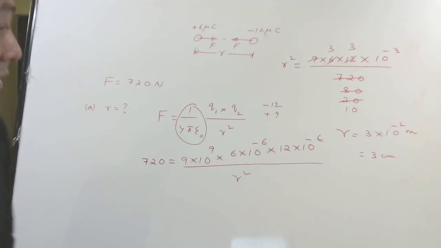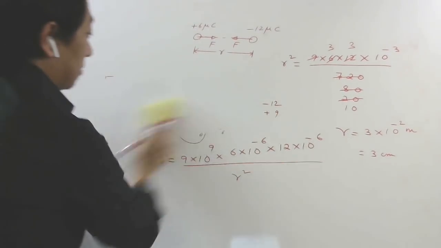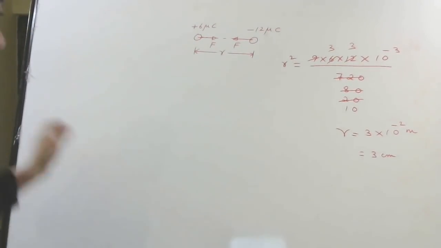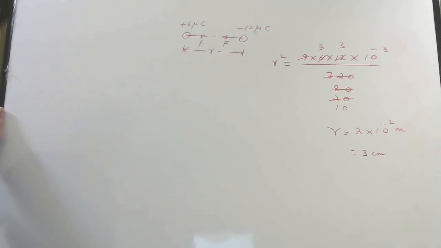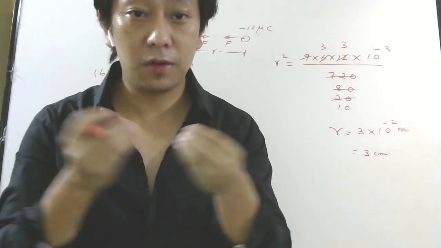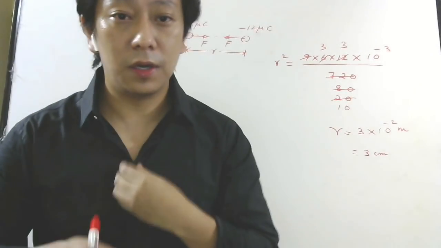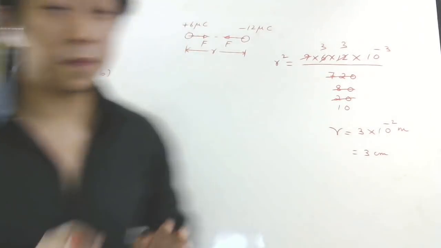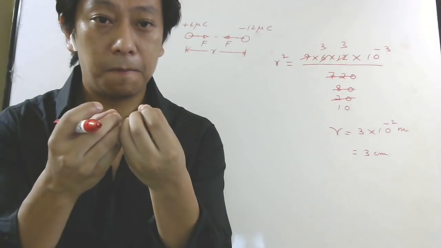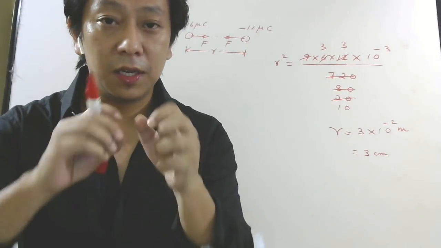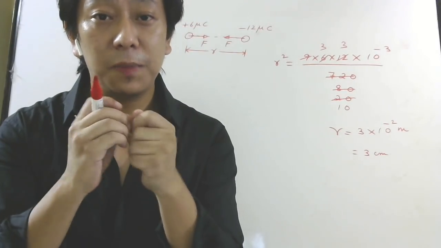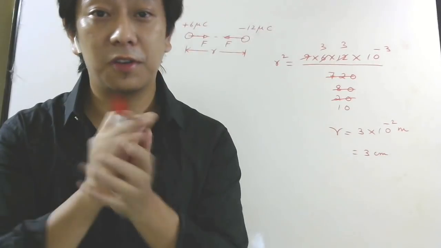Now the second part is more interesting. In the second part, they have brought the two conductors in contact, so try to understand this part better. If you bring two conductors in contact, then the total charge whatever they have will be shared, divided equally among both of them.